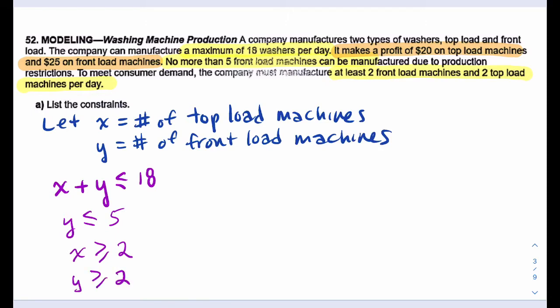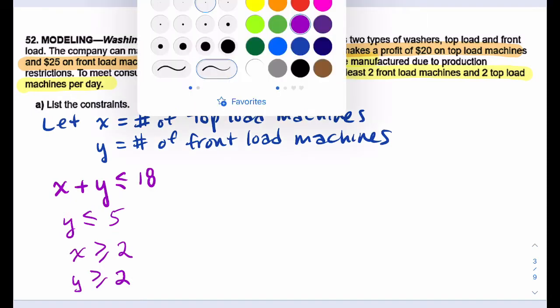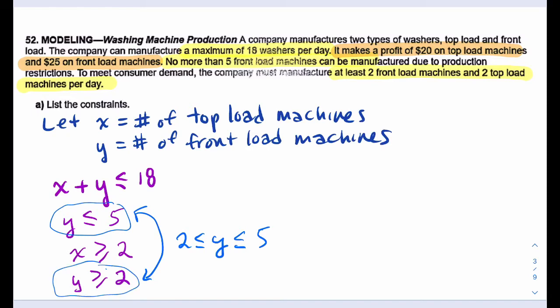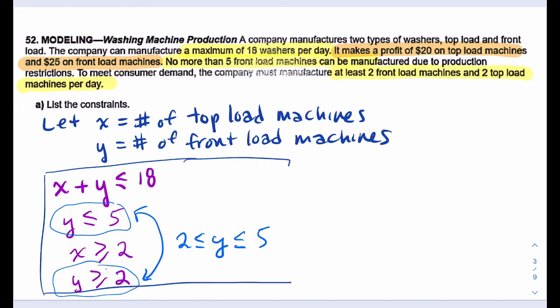Combining these two, we can create a compound inequality. That would be the same as saying 2 less than or equal to y is less than or equal to 5. You can write both of them if you want, or just one compound one. So these are our constraints. And now next we're going to graph those.